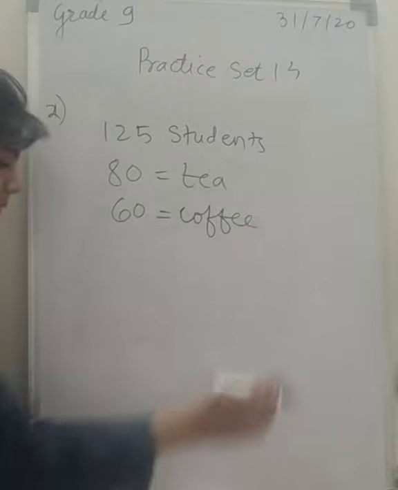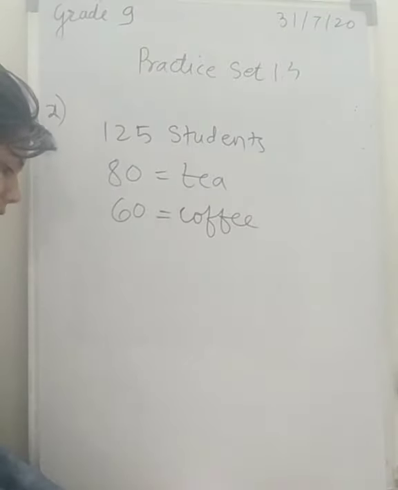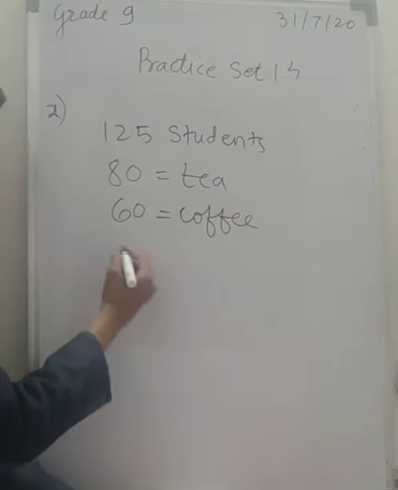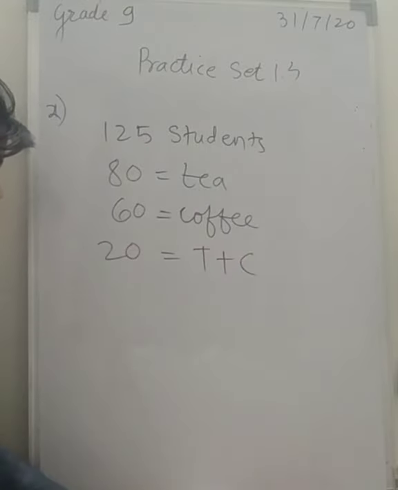Write down along with me. And 20 students drink tea and coffee both. So I am going to write T plus C. Okay. Find the number of students who do not drink tea or coffee.